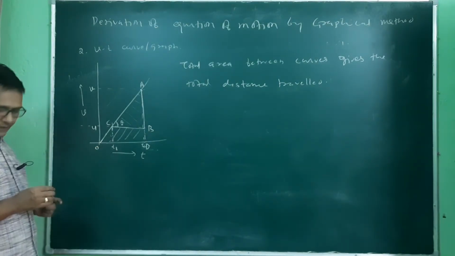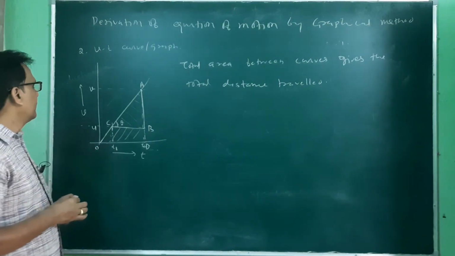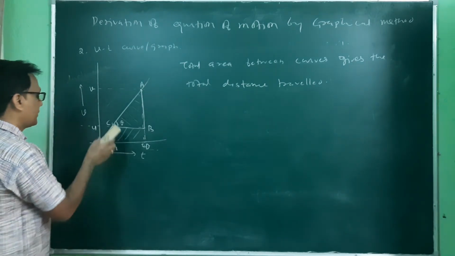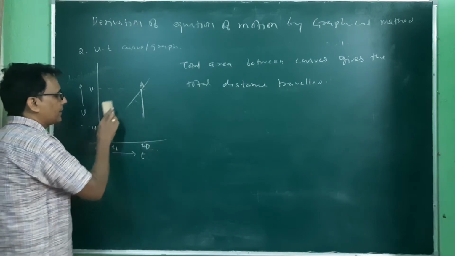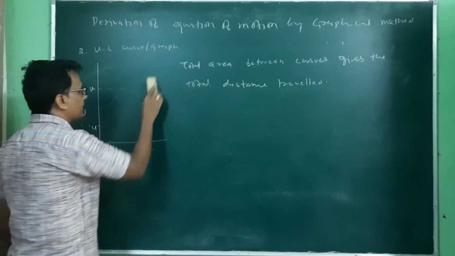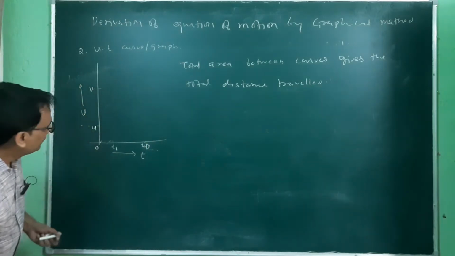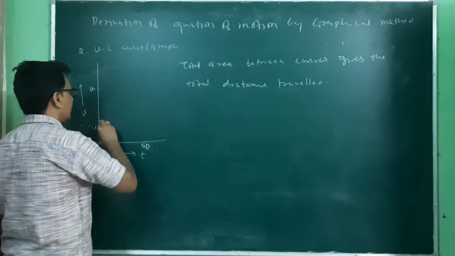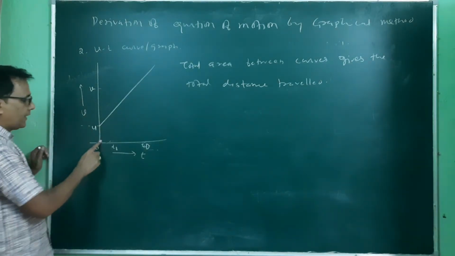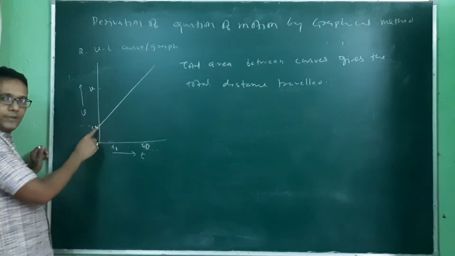In spite of initial velocity 0, I should take initial velocity u at t is equal to 0. So I will change the plot a little bit. This time changing the plot. Okay, at time t is equal to 0, the initial velocity I should take is u, just to start from here.